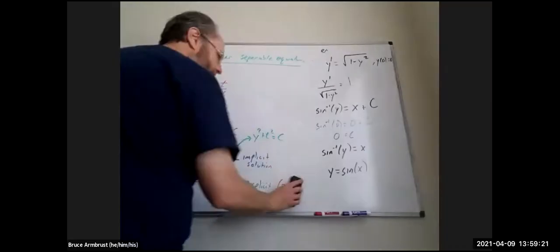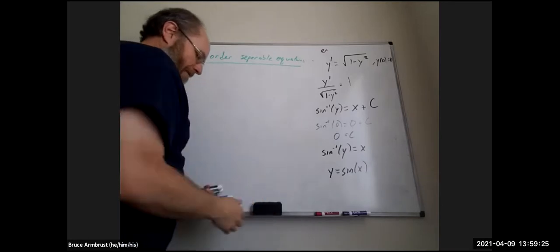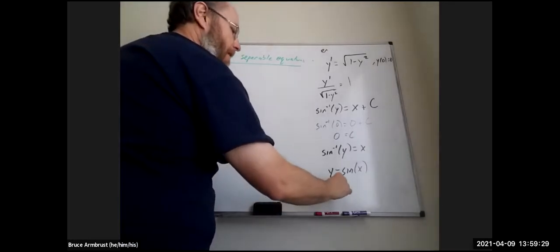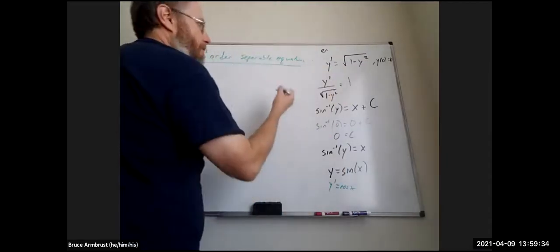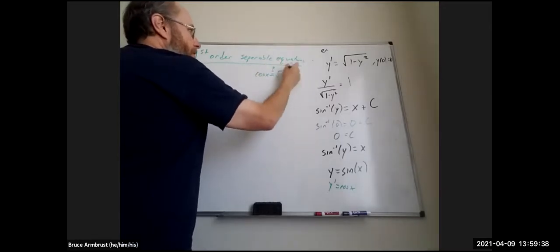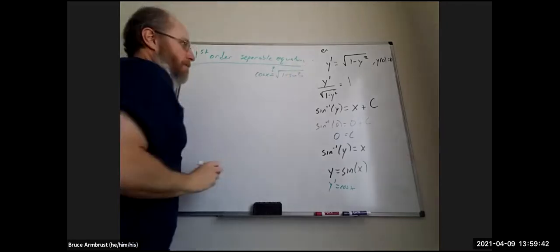And in fact, check it. You can see why y equaling sine of x is going to be a solution. We just go and plug it back in, right? Because y prime is cosine. So if we go back to the original differential equation, we'll have cosine of x. We want to know, does that equal the square root of 1 minus sine squared x? It sure does.